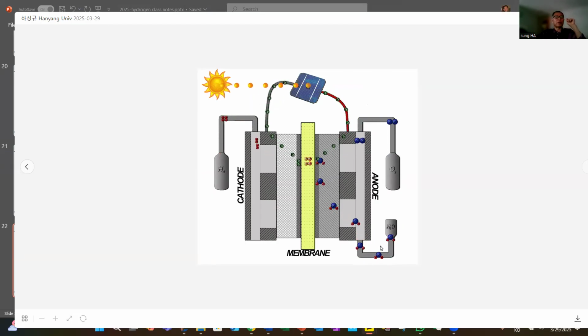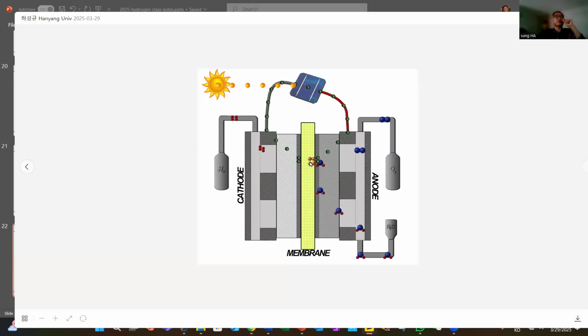H2O, water, goes into the anode side, and then this splits the proton, and then oxygen comes out.